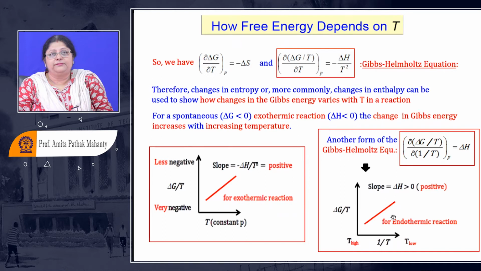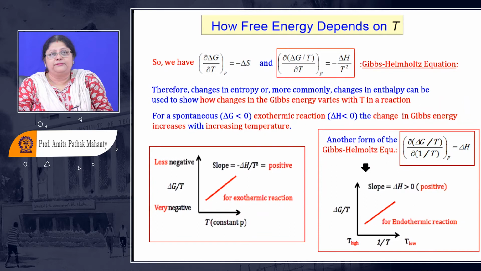It has to be something like this, because delta G should be negative, as this is just a measure of the delta G of the reaction, right? Yes, ma'am. And because it is 1 by T, this is where we have high T, and this is where we have low T.